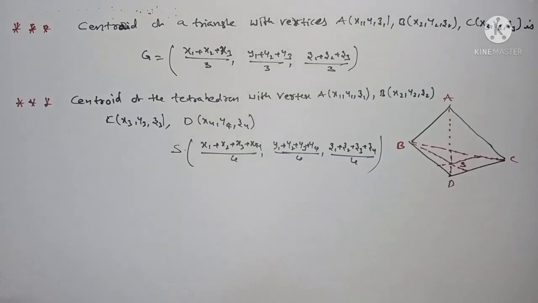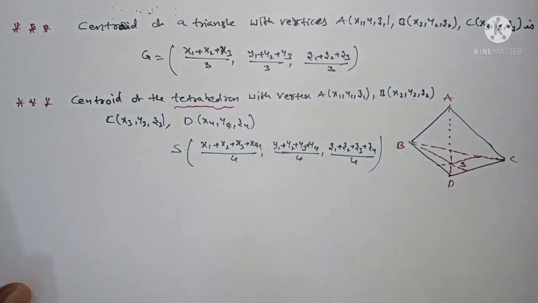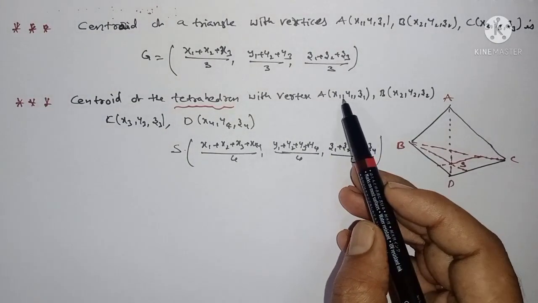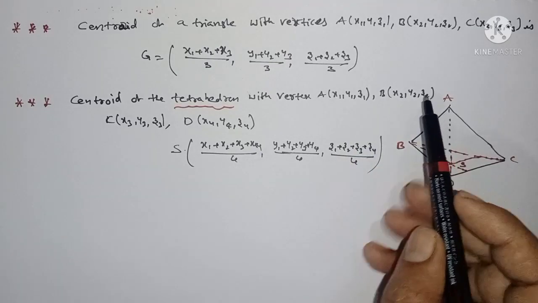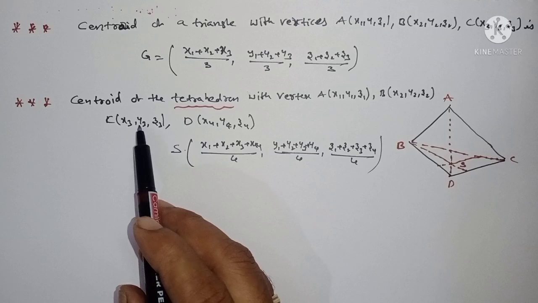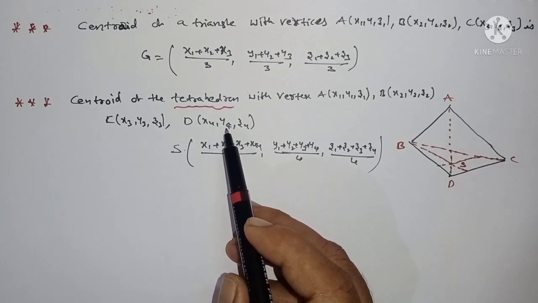In this session we have the tetrahedron. It has 4 vertices: A of x1 comma y1 comma z1, B of x2 comma y2 comma z2, C of x3 comma y3 comma z3, and the fourth vertex D of x4 y4 z4.